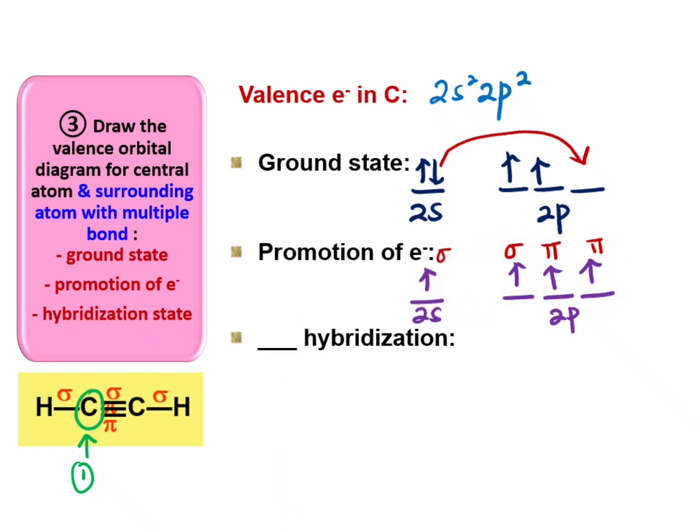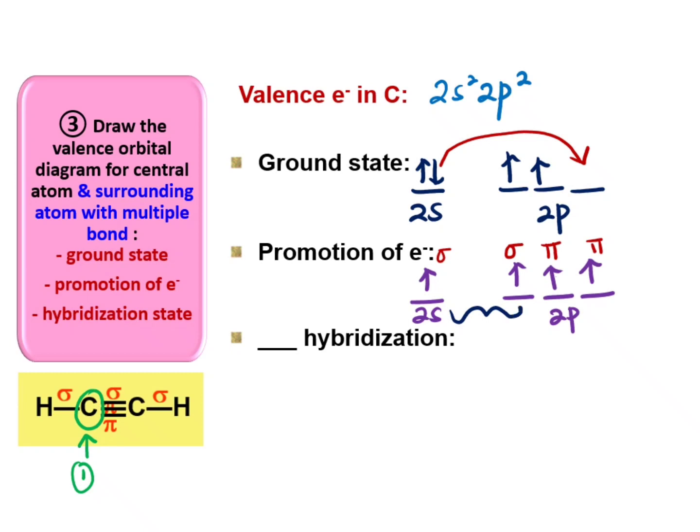Okay, untuk hybridization, dia akan fokus kepada sigma bond sahaja. So hybridization akan hybridkan satu orbital S dengan satu orbital P. Nampak? So like this.